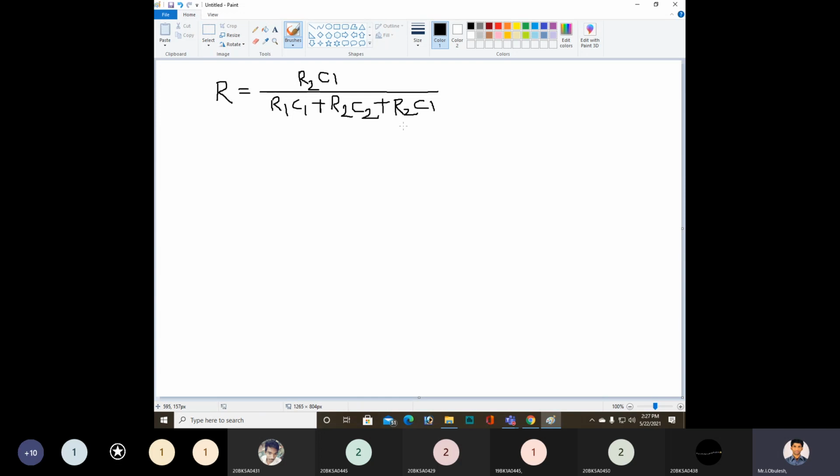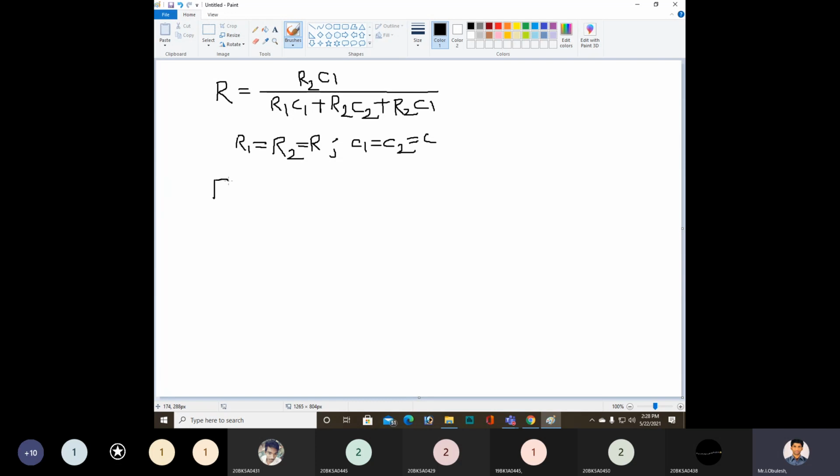So in that, let us assume that R1 equals R2 equals R, and C1 equals C2 equals C. Then what will we get?